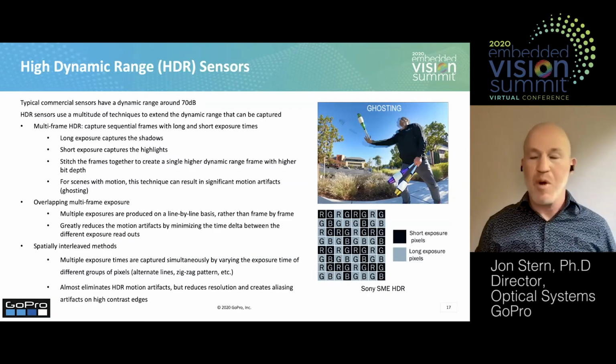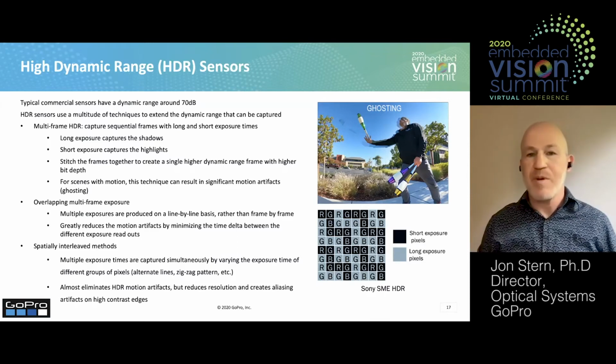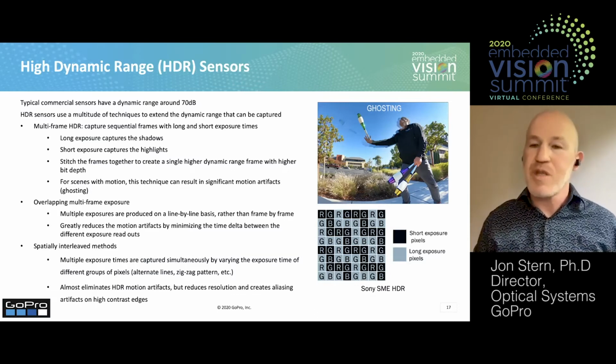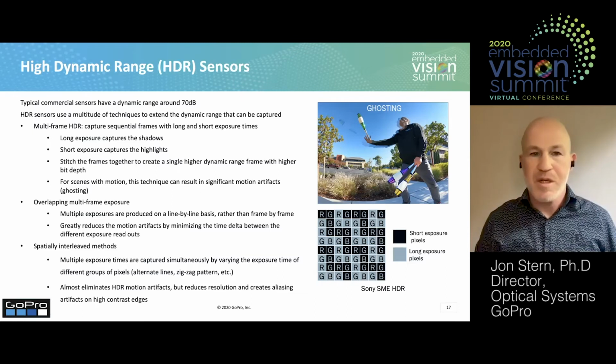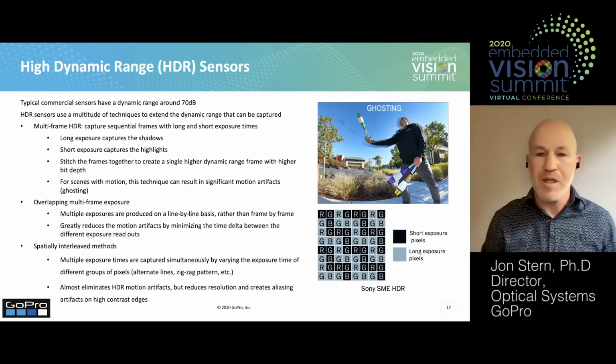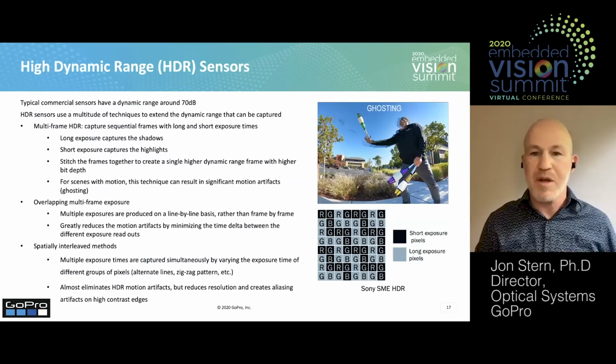The simplest is multi-frame HDR, where you capture sequential frames with a long and short exposure time, sometimes a mid-exposure time as well. The long exposure captures the shadows. The short exposure captures the highlights. Then you can stitch the two together to create a single higher dynamic range frame with a higher bit depth. For scenes with motion, this technique can result in significant motion artifacts, specifically ghosting.